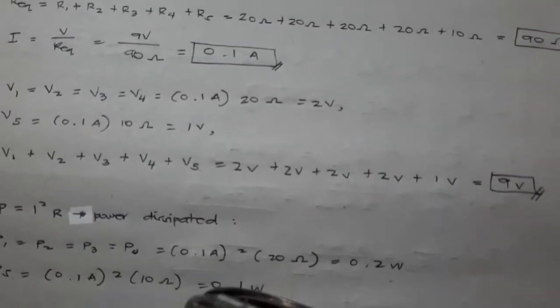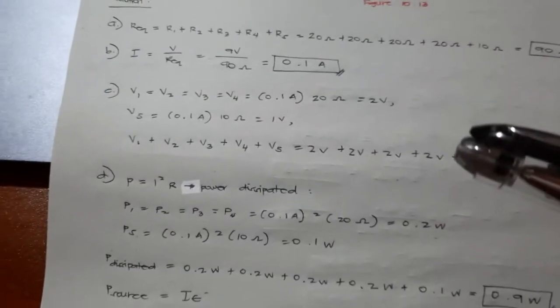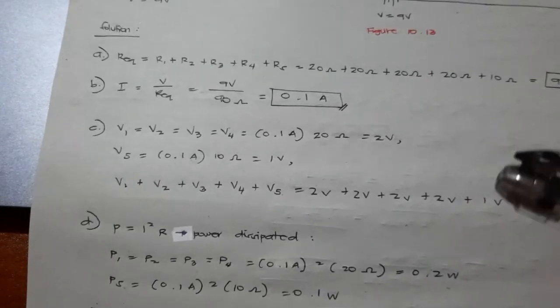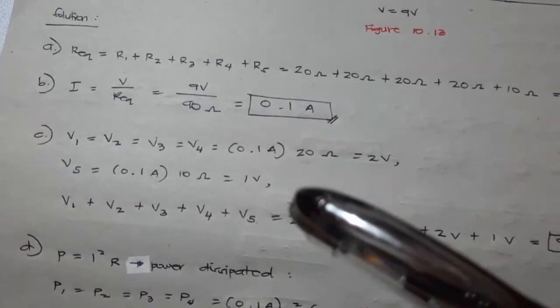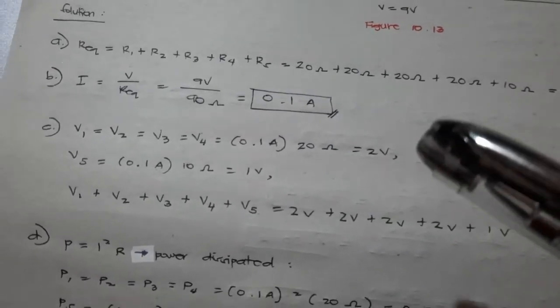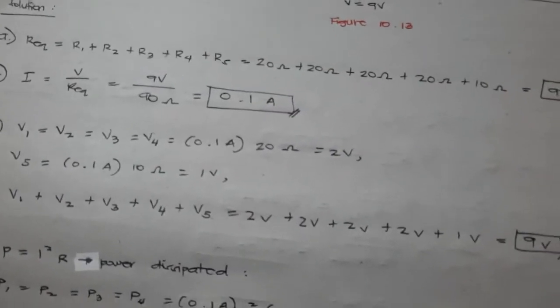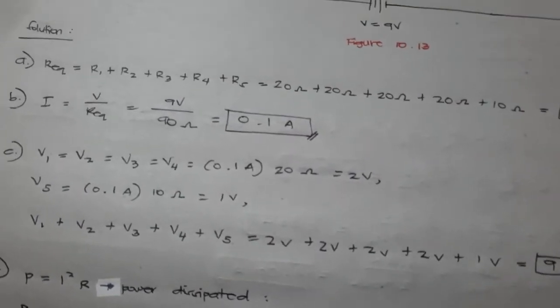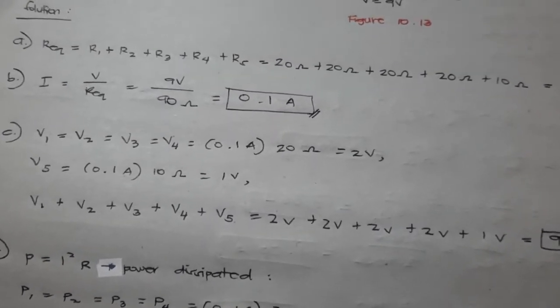So letter C next. The potential drop across each resistor can be found using Ohm's law. So V1 is equals to V2 equals to V3 equals to V4 equals to 0.1 ampere times 20 ohms, which equals to 2V.